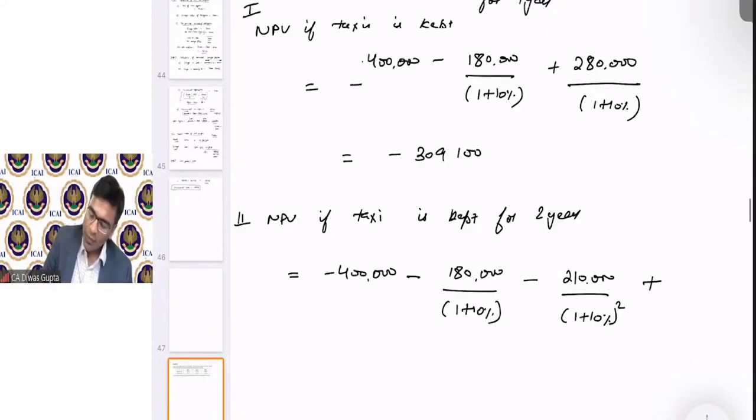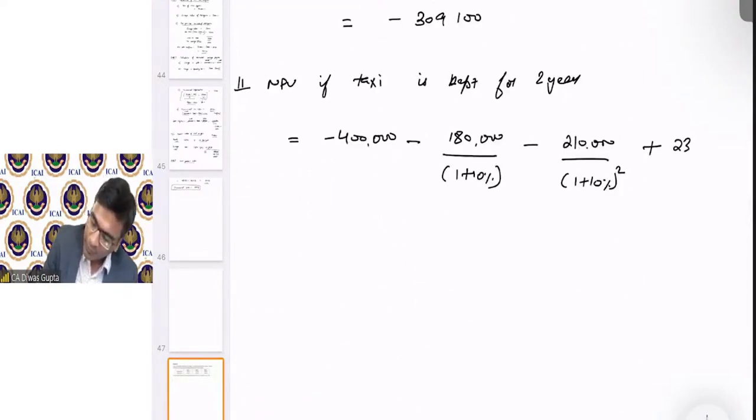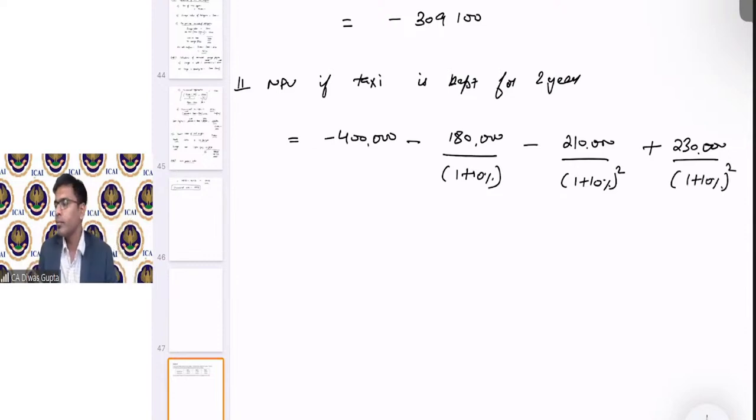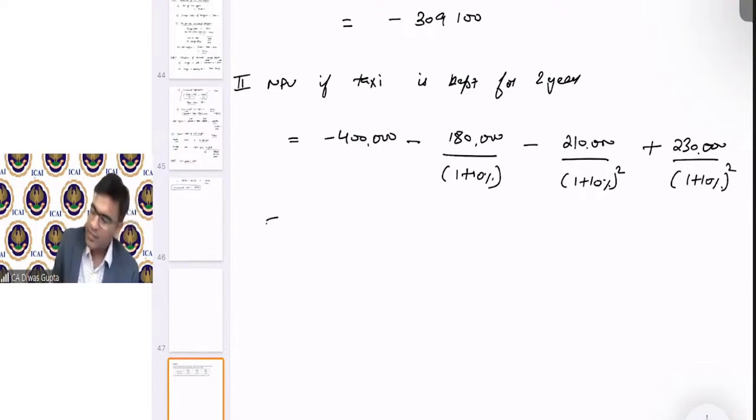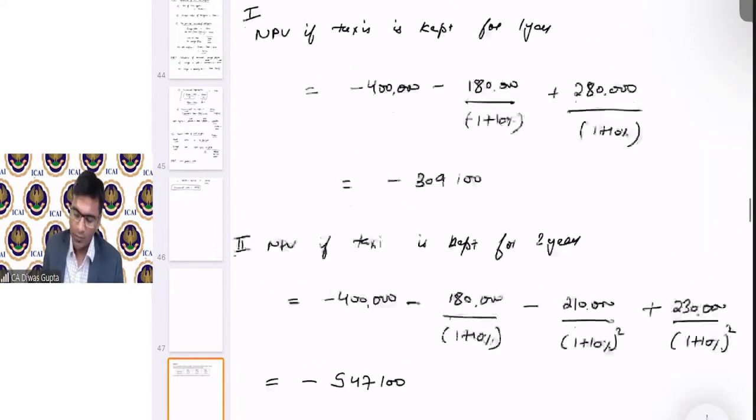And the amount that we will realize on the resale value is 2,30,000, divided by 1 plus 10% raised to the power 2. Okay, students, I hope this NPV calculation for year two is also clear. So this gives us the amount of minus 5,47,100. I hope this is clear till now.